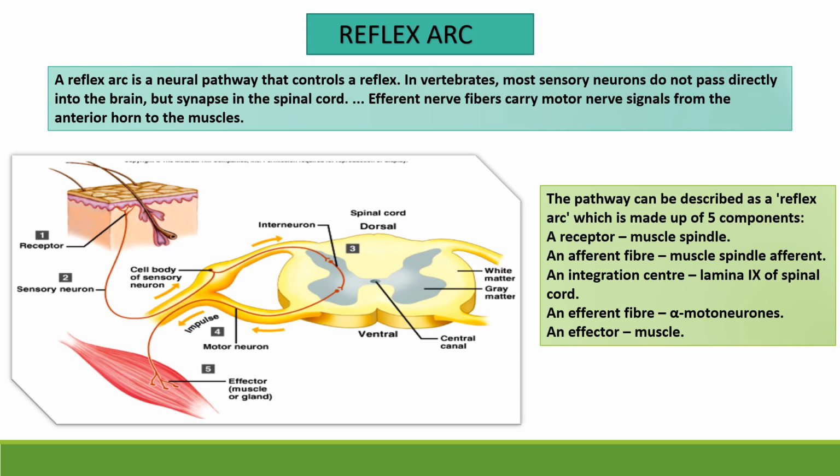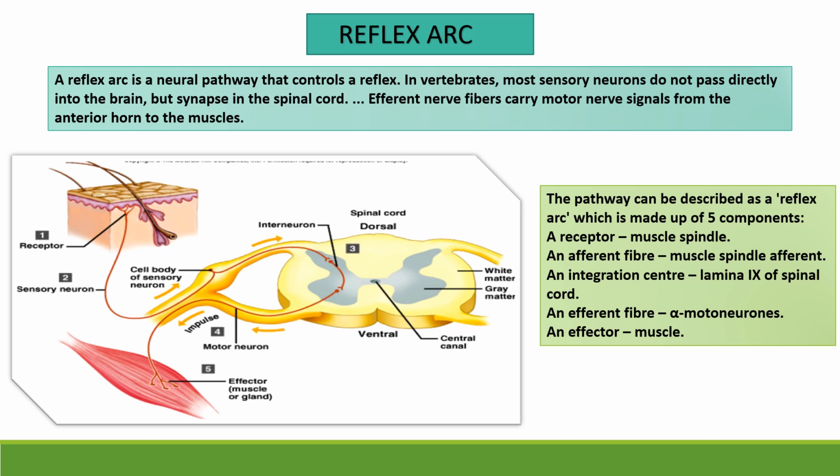The pathway can be described as a reflex arc, which is made up of 5 components mainly. First one, a receptor. See this diagram and follow it. This is the receptor, that is the muscle spindle. Second, an afferent fiber, that is the muscle spindle afferent.